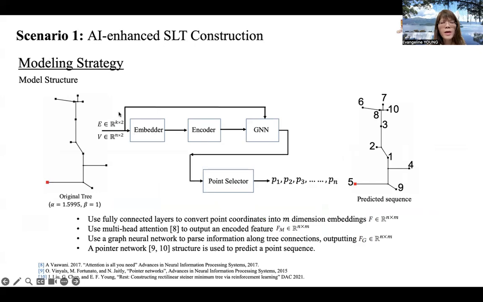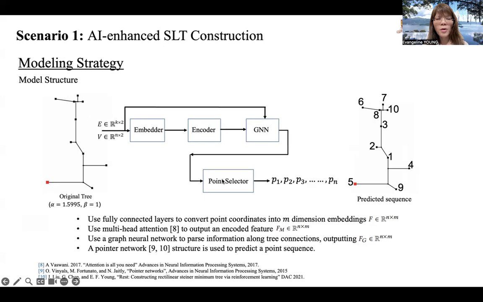In order to predict the set of points, which we call the critical set, we'll use the following model. First of all, given the set of pins, we will construct the RSMT, and this RSMT and the pins will be encoded into embeddings, and then fed into a pointer network.